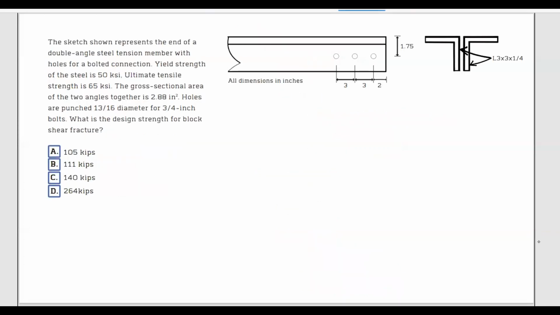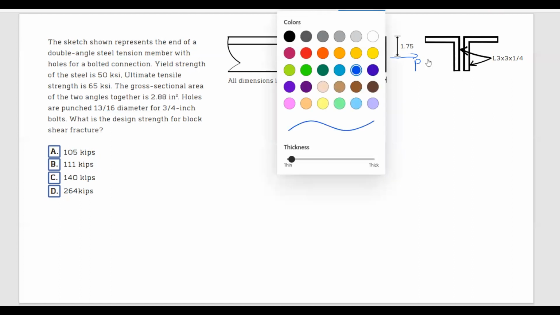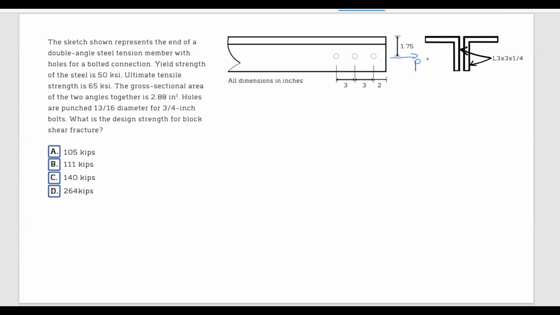If you look here at this angle, if I have a force pulling in this direction, this connection can fail in this way. I'm going to draw a red line showing how this connection can fail. When this connection fails in this way, this is called block shear failure.